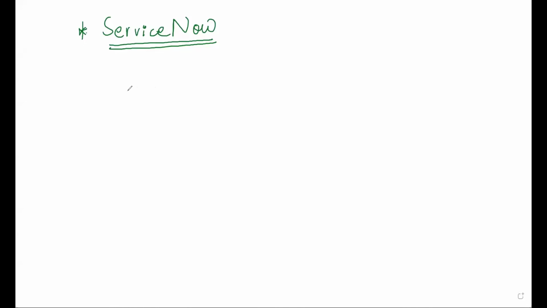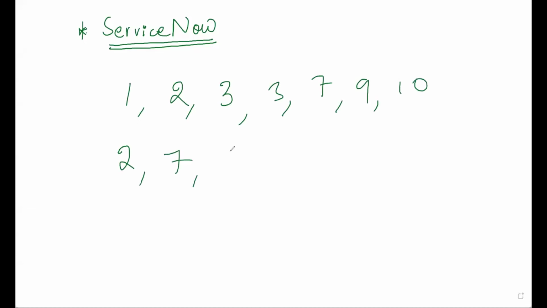Okay, first of all, whatever response I got, I'll take a single test case. 1, 2, 3, 3, 7, 9, and 10. Then we have 2, 7, 9, 9, 9, 10, 11.